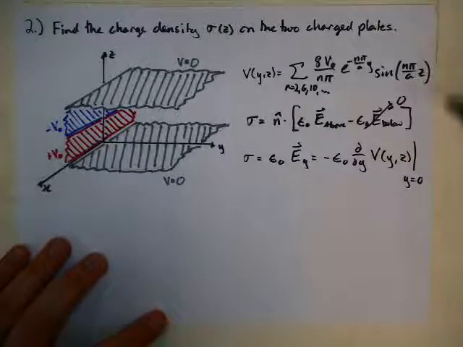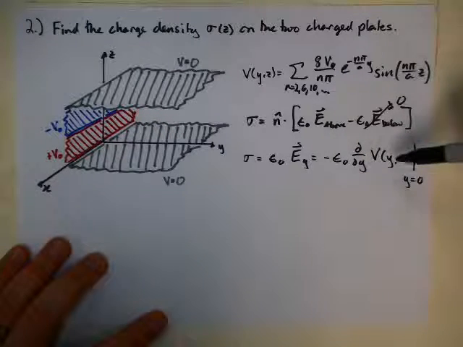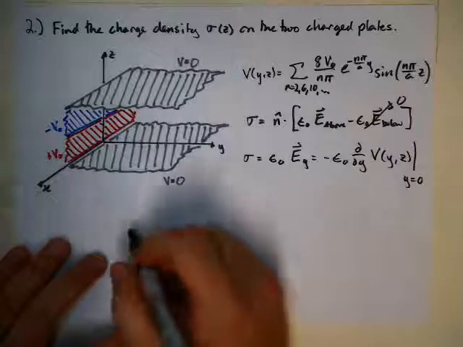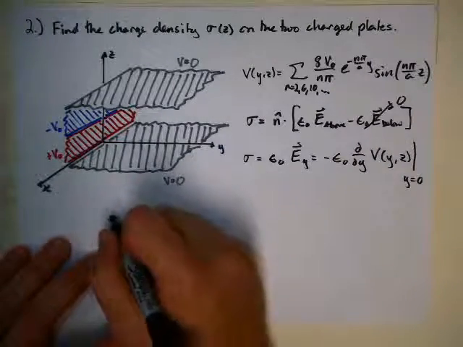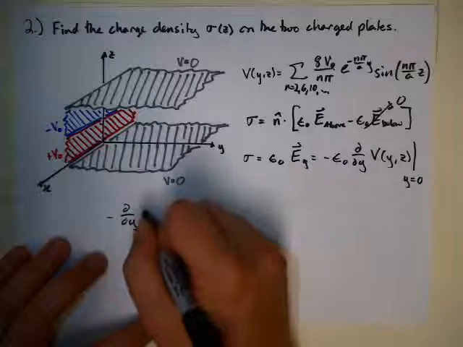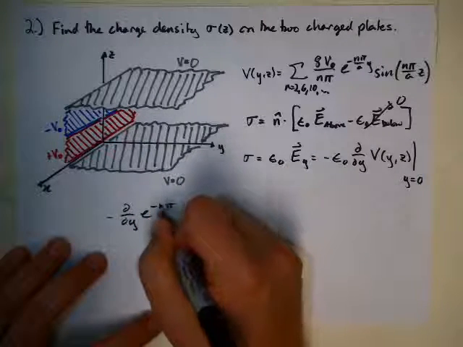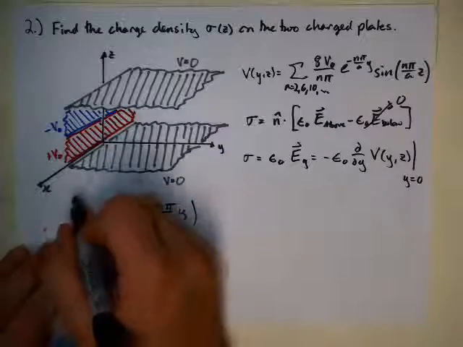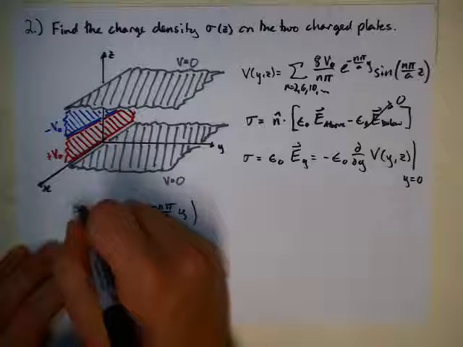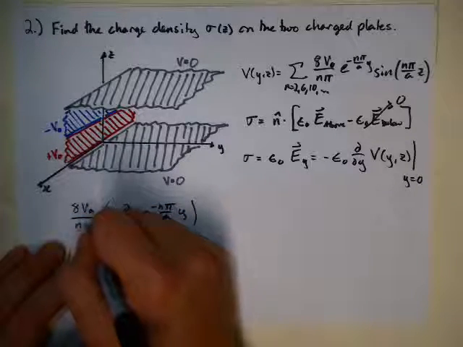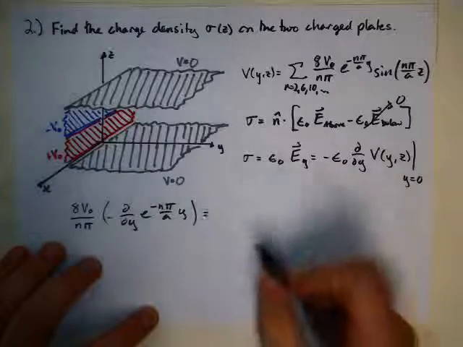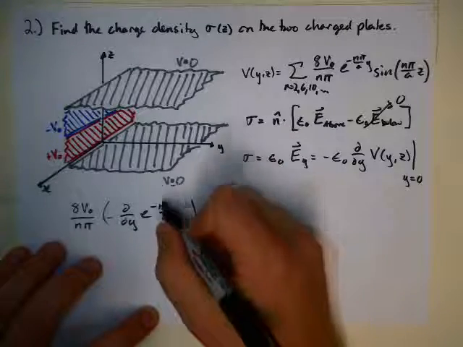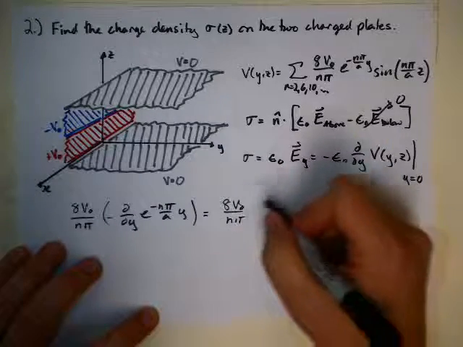This is actually really trivial. The partial derivative of V with respect to y is just a partial derivative of an exponential. So minus partial over partial y of the exponential of minus n pi over a y, and with the 8 V naught over n pi out front, I multiply by what I have here.